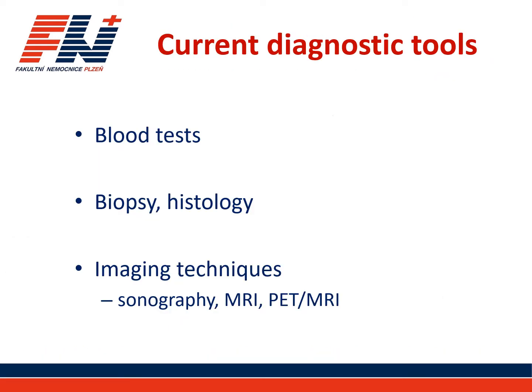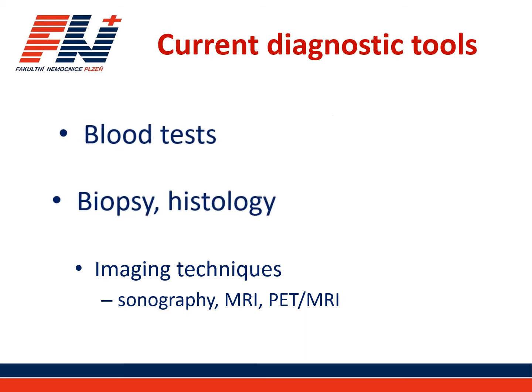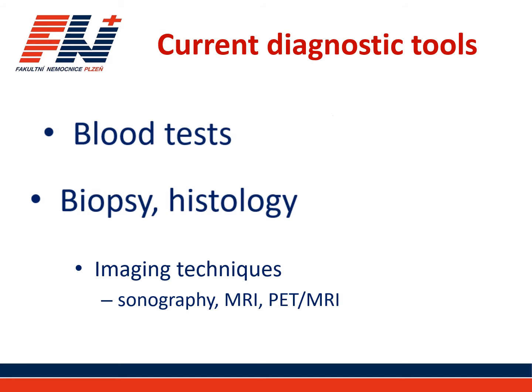Here we can see current diagnostic tools. In the first line, blood test, tumor markers, then biopsy and histology testing, and then imaging techniques. For today, we will talk about these 2 points.